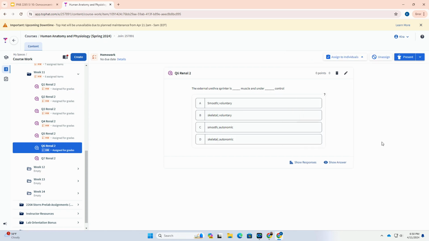Okay, so I didn't talk about this. I think this is in reference to the second lecture video, but I wanted to throw it on there. The external urethral sphincter is what muscle and under what control?